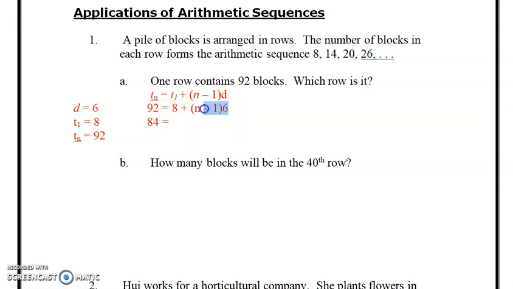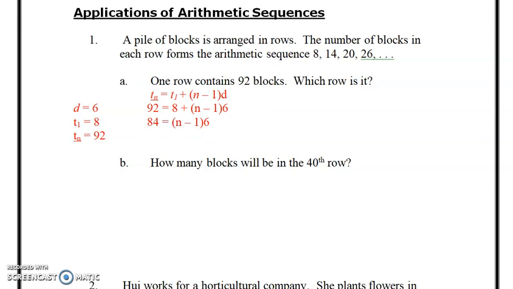Then I just copy down what I didn't use. Now, instead of multiplying by 6 using the distributive property, since 6 is multiplied by everything in brackets, I can just divide everything by 6. What you do on one side, you do on the other side to keep a balance. So I'll divide both sides by 6 in my next step.